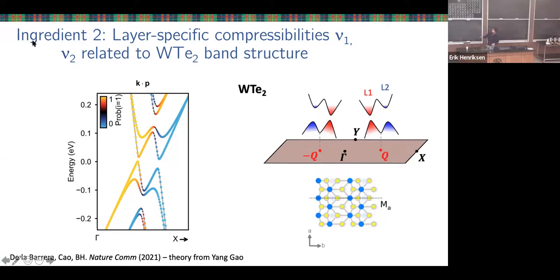If you look at our calculation of what the bands look like, you can see that if I put the Fermi level here, say at 0, you have a sort of unit probability of being in one layer. So due to the spin orbit coupling, you have a strong layer character to the wave functions in this system that depends a lot on what the Fermi level is.